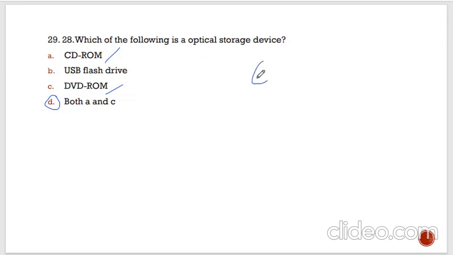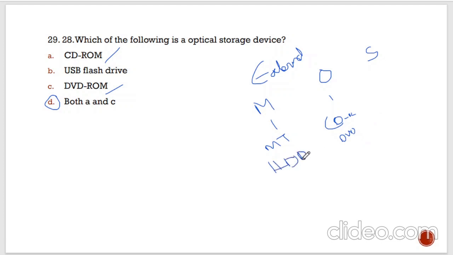Under external storage devices, we have seen three types: magnetic, optical and solid state storage. Under magnetic, we have magnetic tape and hard disk drives, which all work under magnetic storage technology.